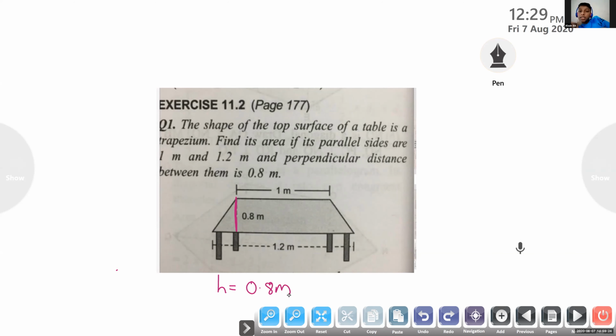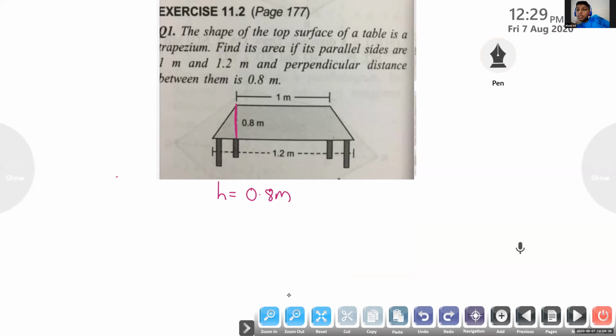H is given. And this, the length of the parallel sides: a is 1 meter, b is 1.2 meter. Then the question is very simple. The question is to find the area of the trapezium shaped top.